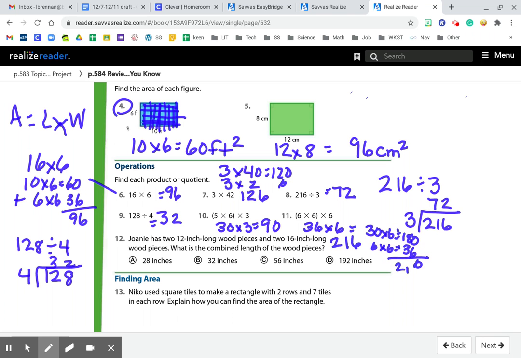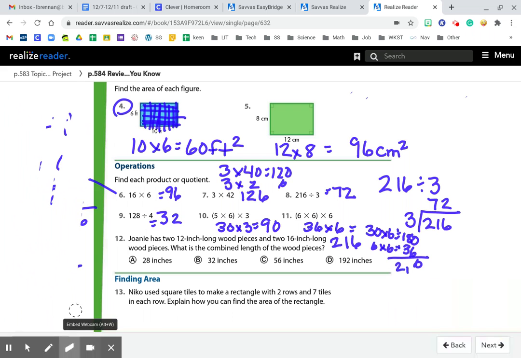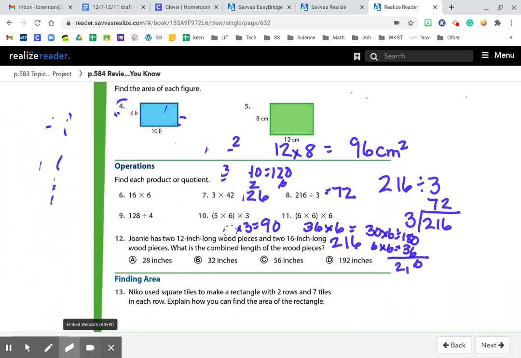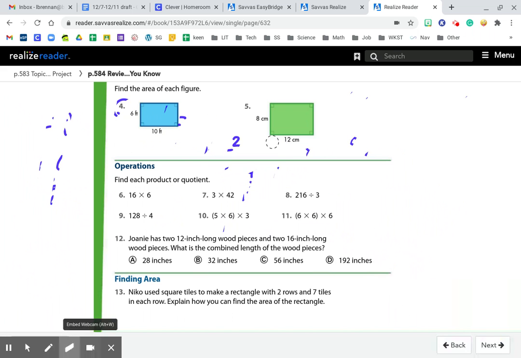And for number 12, Joni has two 12-inch long wood pieces and two 16-inch long wood pieces. What is the combined length of the wood pieces? So you're going to be adding 12 and 16. Hopefully that's a nice review for you.